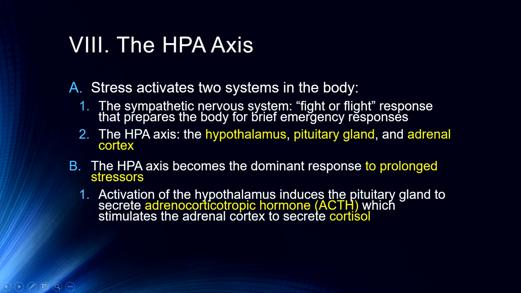And so if you remember from the Memory Hackers video I had you watch at the beginning of the semester, you saw how by blocking the release of norepinephrine during a retrieval episode, they were able to actually influence the emotional component of memory.